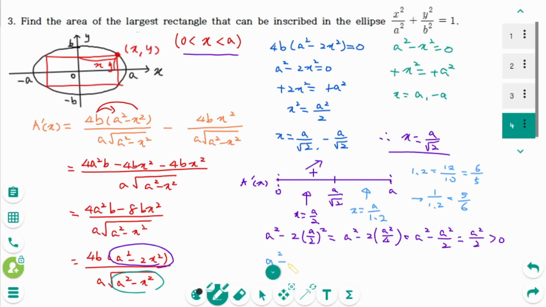Then a squared minus 2 times 5a over 6 squared equals a squared minus 2 times 25a squared over 36 equals a squared minus 25a squared over 18. That means minus 7a squared over 18, which is negative. So A prime changes from increasing to decreasing at x equals a over square root of 2. Now we verify that x equals a over square root of 2 gives an absolute maximum value of A.